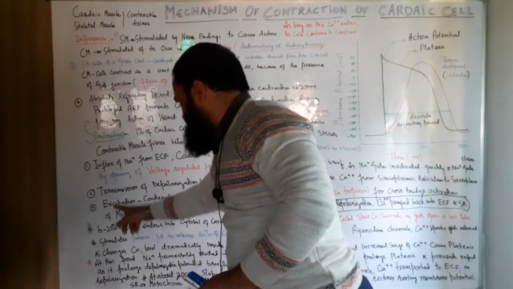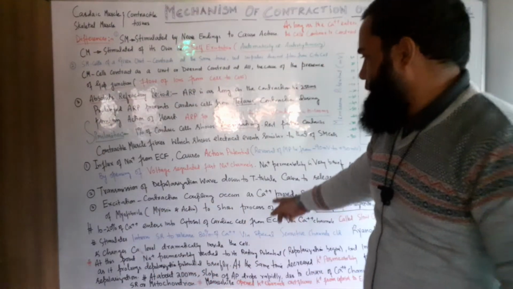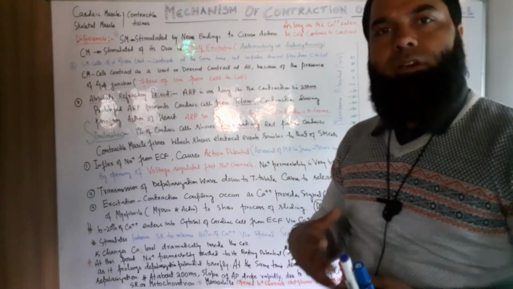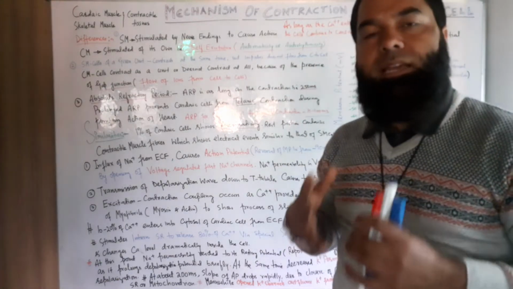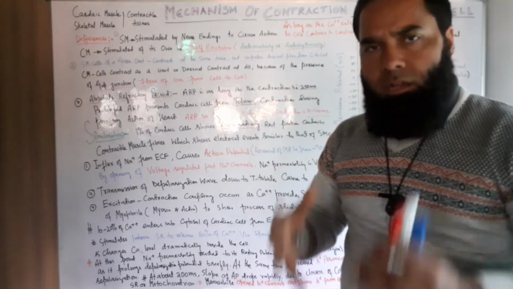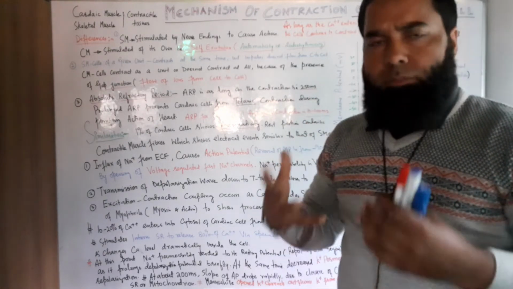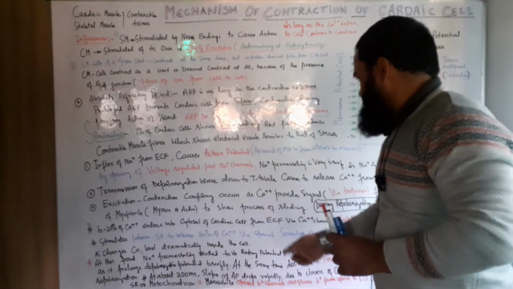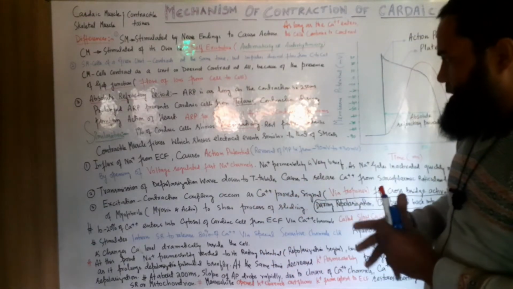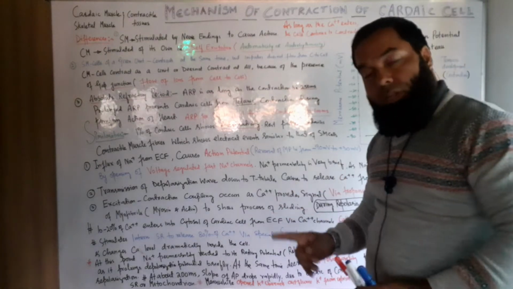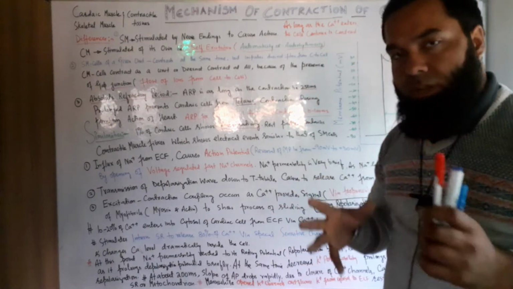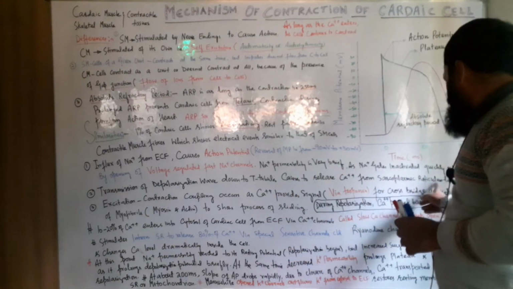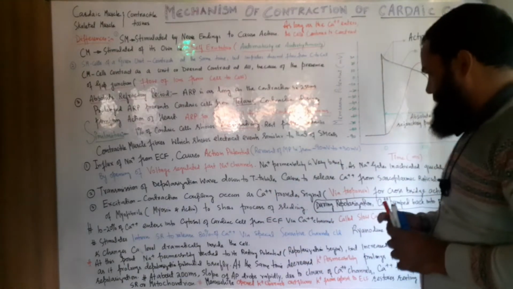There is the transmission of depolarization wave down to the T tubule. T tubule is actually the invagination of the sarcolemma of the cardiac cell. The transmission of depolarization wave down to the T tubule causes release of calcium from the sarcoplasmic reticulum into the sarcoplasm.